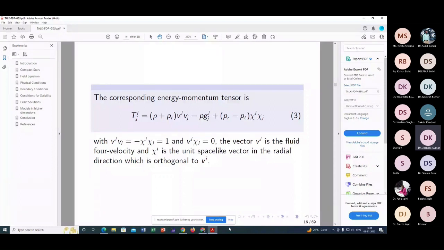In some books we can also see Tij as contravariant or covariant, or we can also take it as a mixed tensor. All are acceptable. Here rho is the matter density, pt represents the tangential pressure, and pr is the radial pressure.